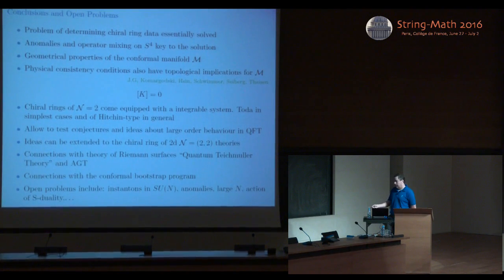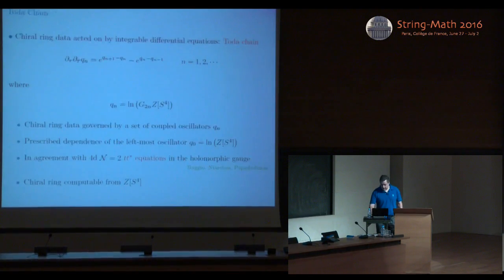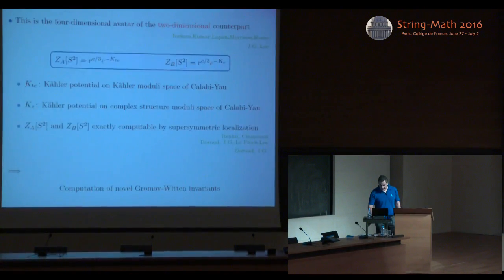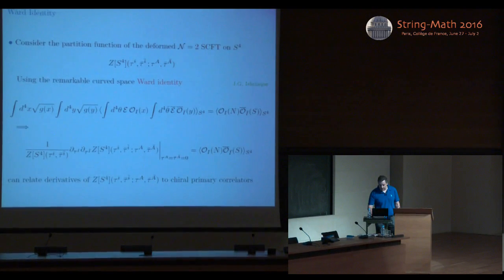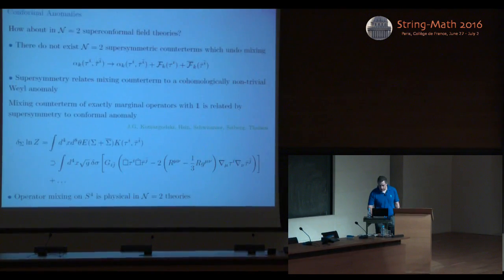I'll just mention a few. One important problem is how to really compute instantons in the Omega background for SU(N) theories when you have higher Casimirs. Another thing that I didn't explain in a lot of detail is that we're able to understand how anomalies work when we have these dimension 2 chiral primaries.